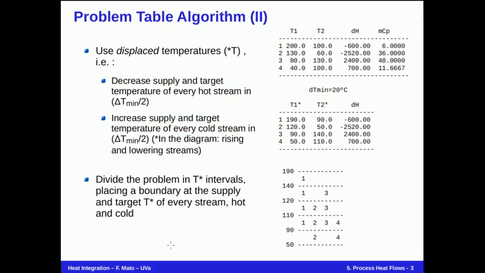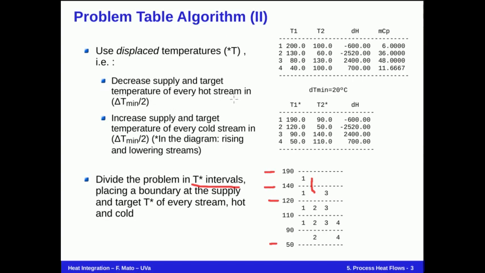Second, we will divide the problem in displaced temperature intervals, 190, 140, and so on, placing a boundary at the supply and target temperature of every stream, hot and cold, because we don't want a stream ending or starting in the middle of an interval, just at the limits.